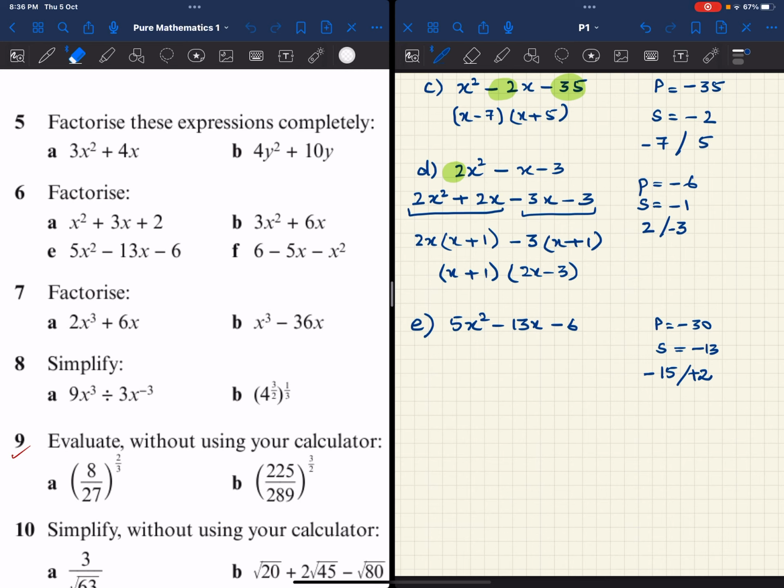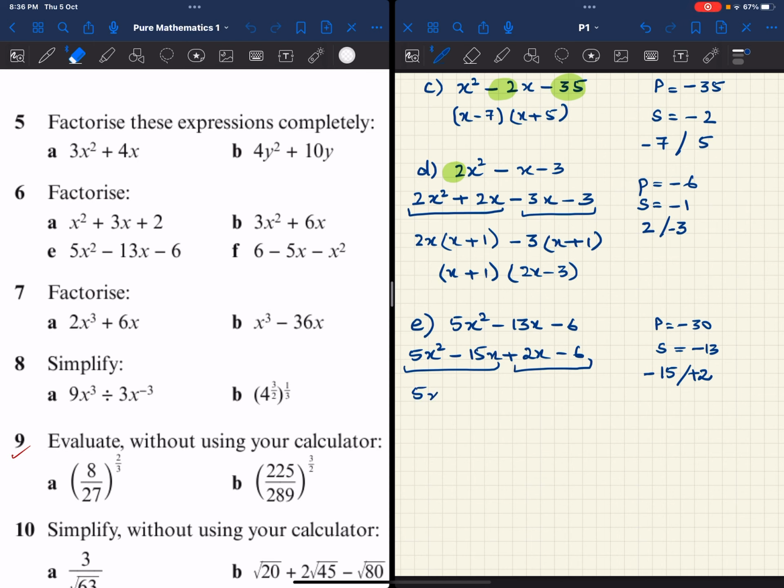So we split the middle term here, minus 13, which is equivalent to minus 15 plus 2. So 5x squared minus 15x plus 2x minus 6. Take common from the first two terms, take common from the last two terms.